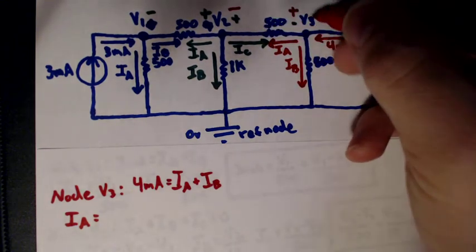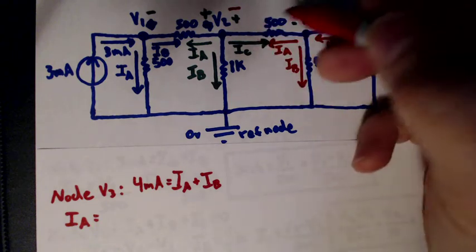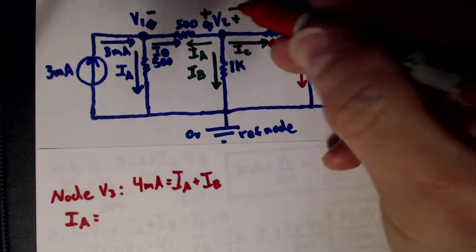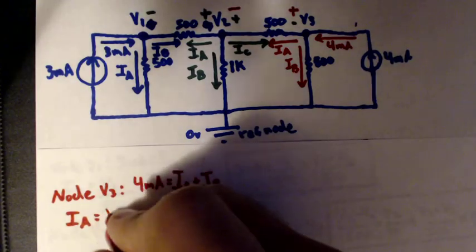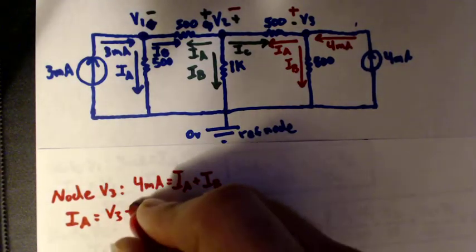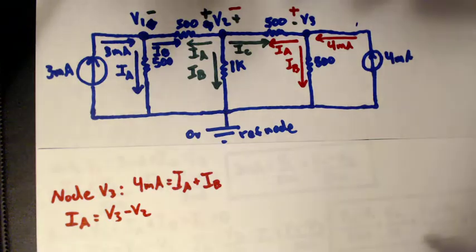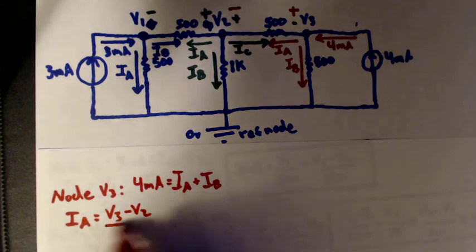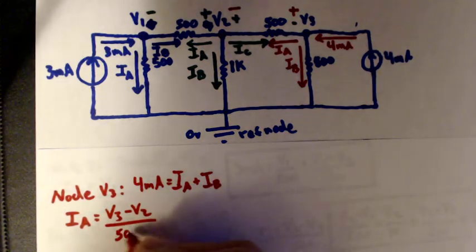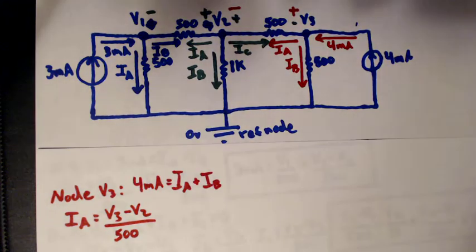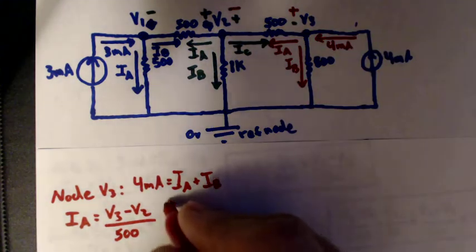So now it makes writing the voltage drop across the 500 ohms really easy. I can just say plus V3 minus V2. That's the voltage drop across the 500 ohms, so divide it by 500 ohms, just applying Ohm's law here, and we will get IA.